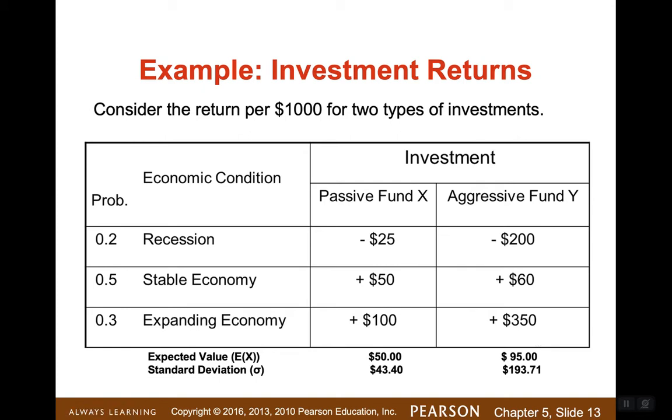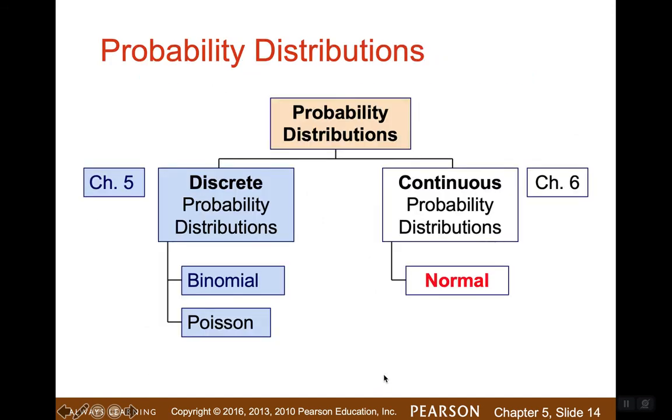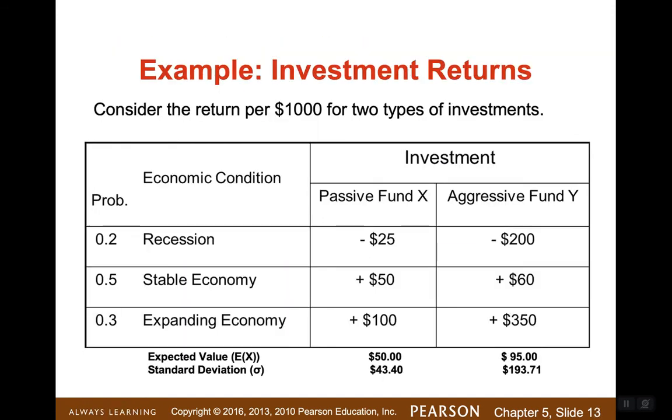So what we can do is calculate the expected value, the mean, of these outcomes for both of these, and we can also calculate the standard deviation.